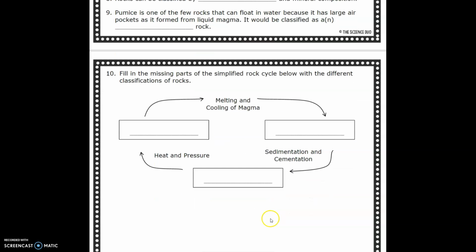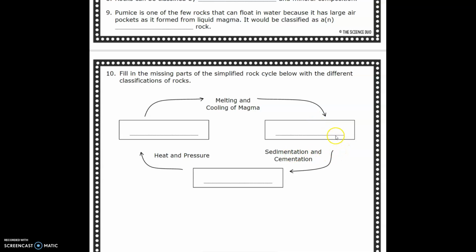And the last thing here, fill in the missing parts of the simplified rock cycle below with the different classifications of rocks. So, if we have liquid rock and it cools, it would be what type of rock? Igneous.